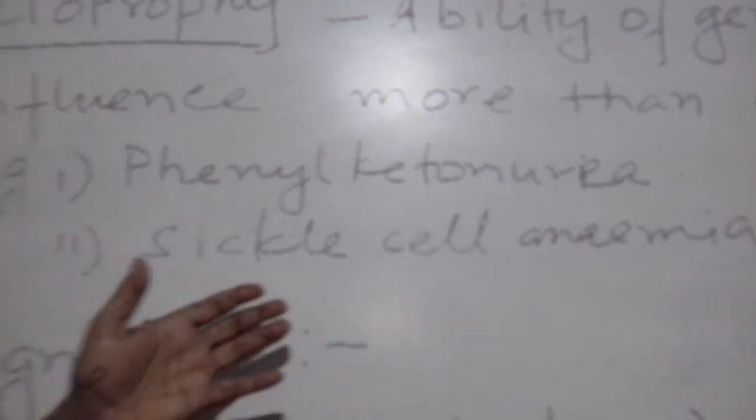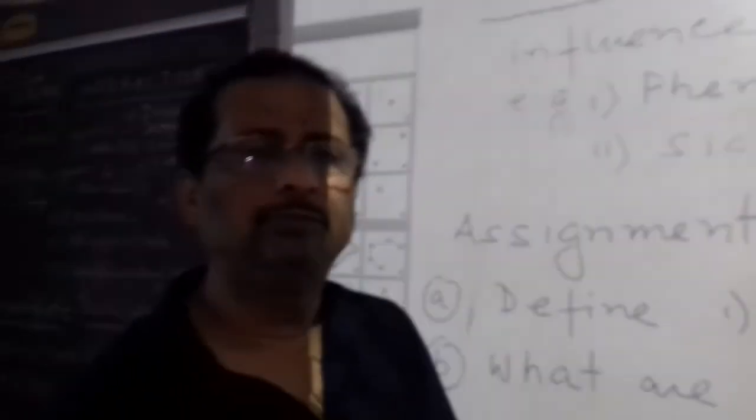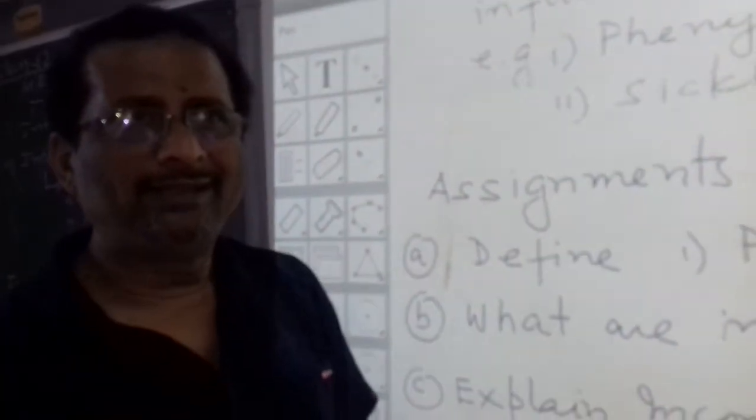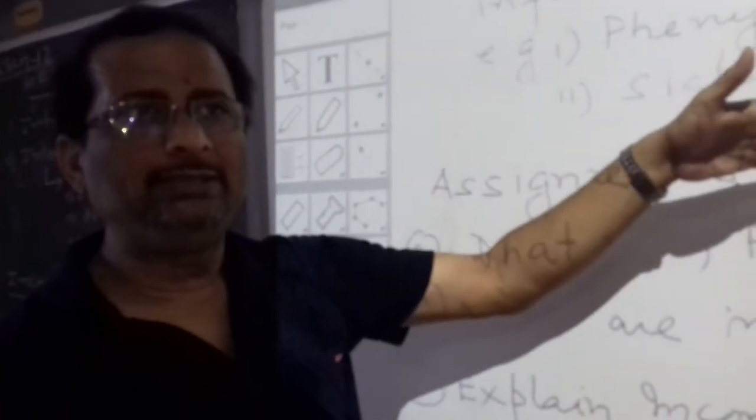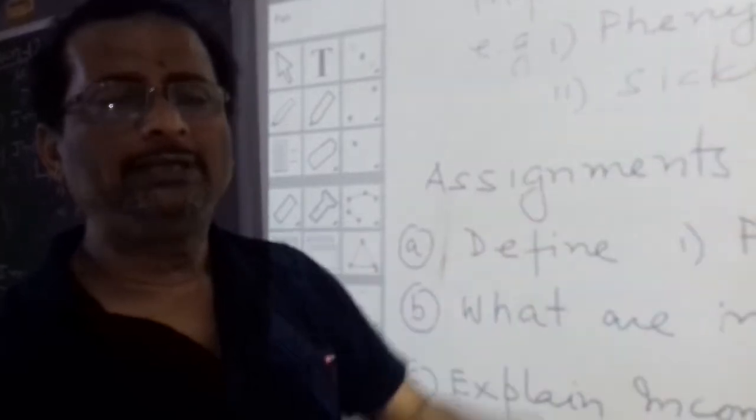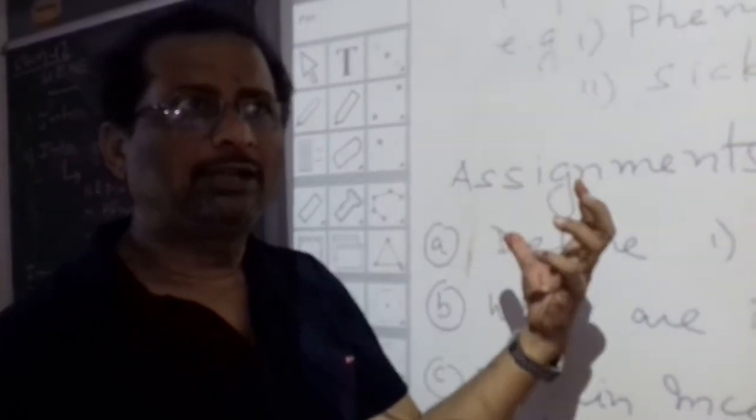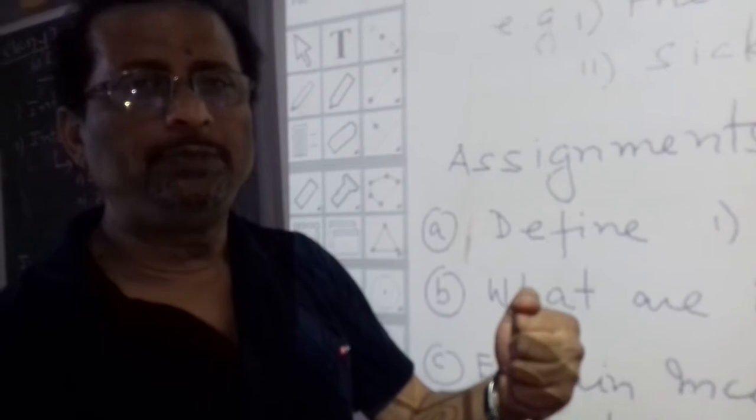This is also a defect in the hemoglobin molecule, where the hemoglobin molecule is not formed properly. So people having sickle cell anemia suffer from anemia. Oxygen cannot be carried properly in these people.